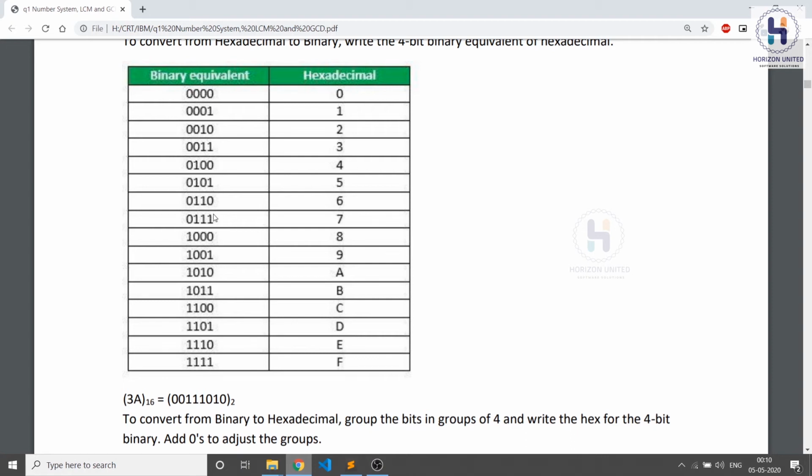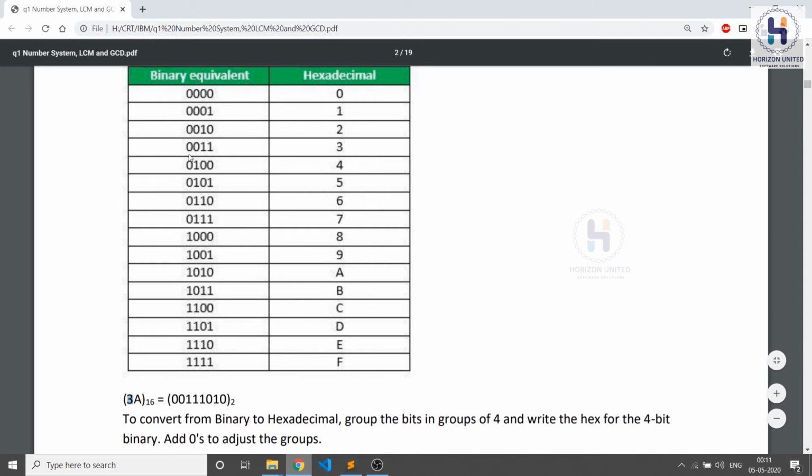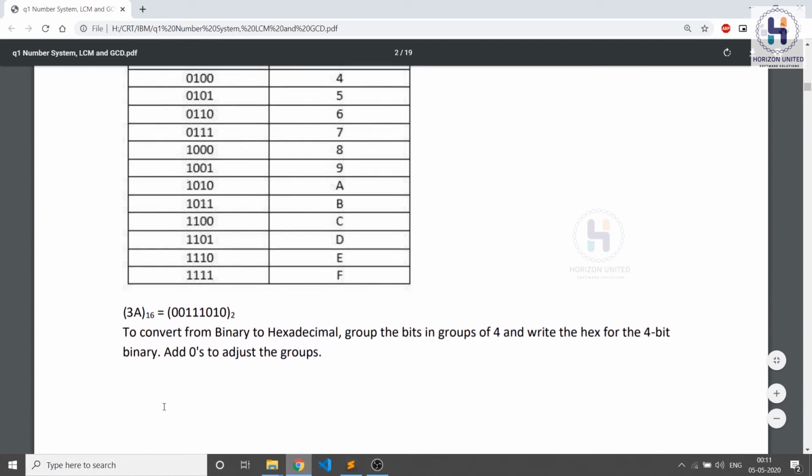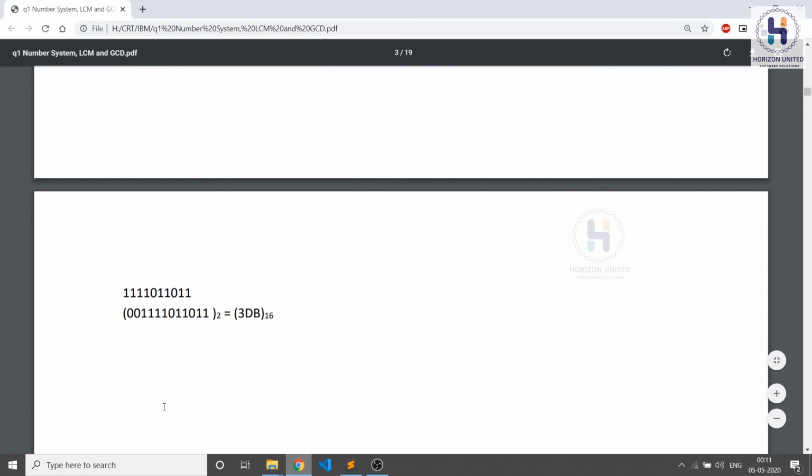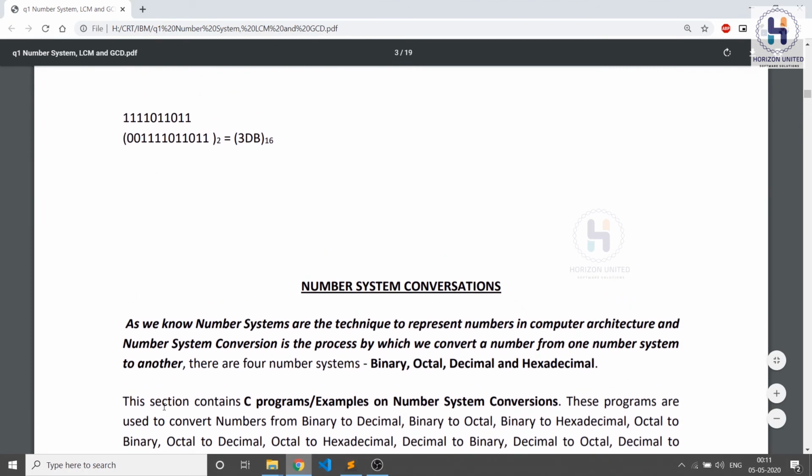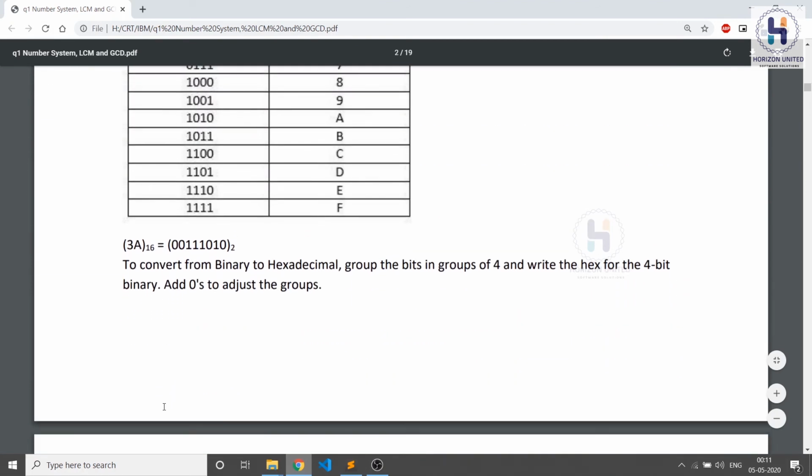The last two bits keep varying in the binary numbers, right? Now, what is the binary equivalent of 3? You can see 0 0 1 1. Then the binary equivalent of A is 1 0 1 0, and that will be your whole binary equivalent of the hexadecimal number, right? So this is a simple explanation of it.